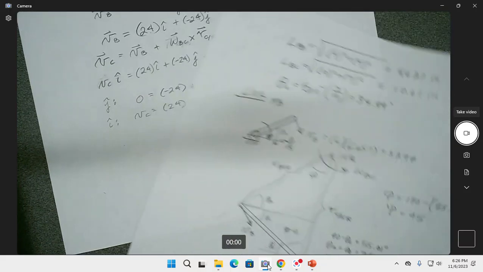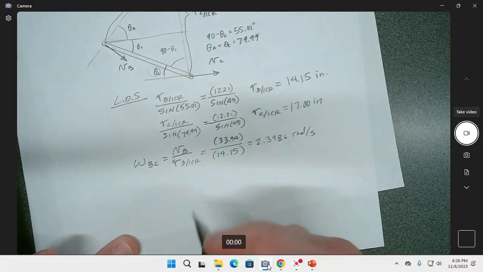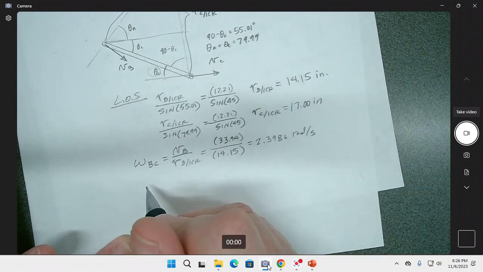So we got some round-off error right there, 2.4 is what we're looking for, which would come out right here if we round down.